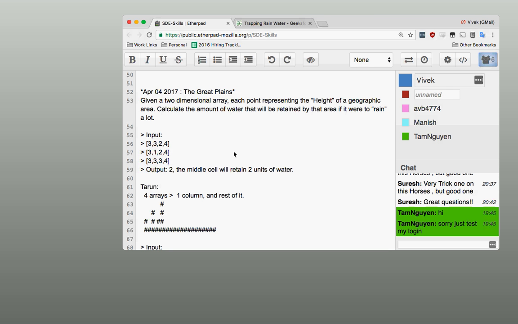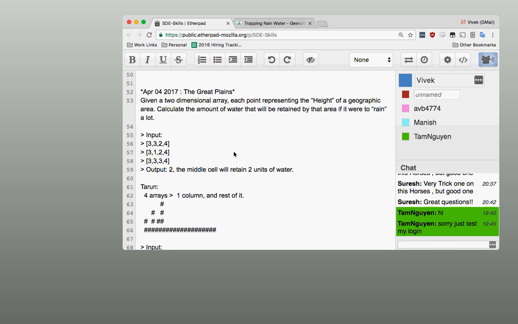Shouldn't it be 4? No, it will be 1. Because the first one can only go as tall as 2, since after that all the water will spill over.